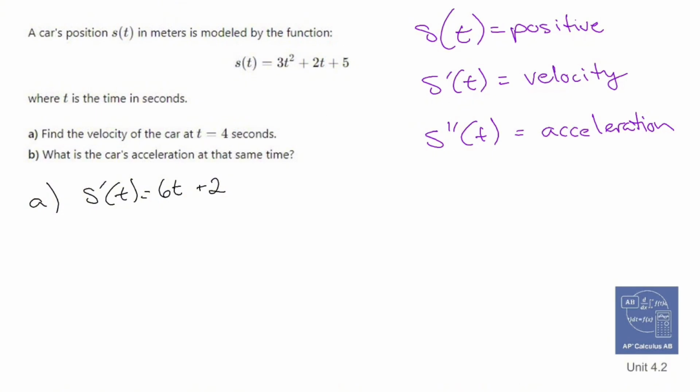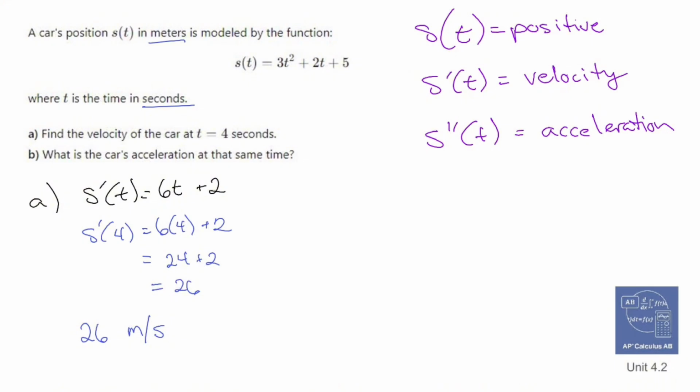At 4, s'(4) is going to equal 6, replace t with 4, plus 2. 24 plus 2 is 26. Since we have time in seconds and we have meters, our rate is going to be 26 meters per second.